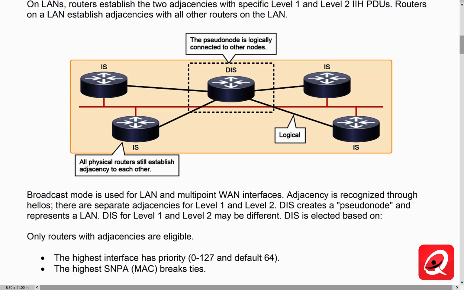That link state packet does get sent to a multicast address so that all ISIS routers actually receive it. This turns that multi-access network into a logical point-to-point topology where the pseudo node kind of sits in the middle.